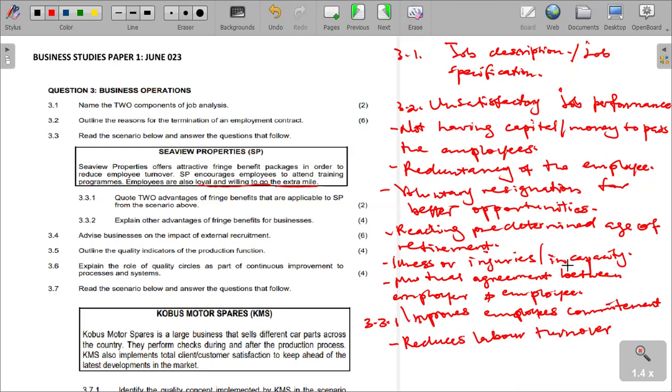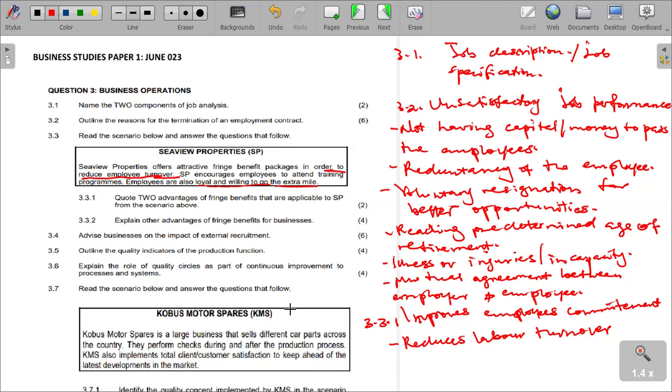You can see that in order to reduce employee turnover, employee turnover is the same as labor turnover, to say that employees are not going to continuously just leave the organization. It improves employee commitment, it reduces labor turnover, which are also good advantages there.